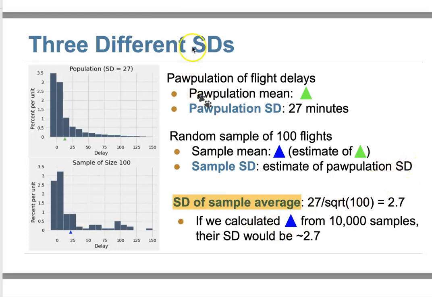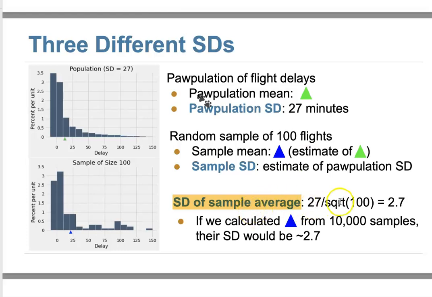This one is just a random sample taken one time, so its standard deviation will be close to the population standard deviation. But if we look at the standard deviation of the sample average, that means we took 100 flights each time, but did it 10,000 times.